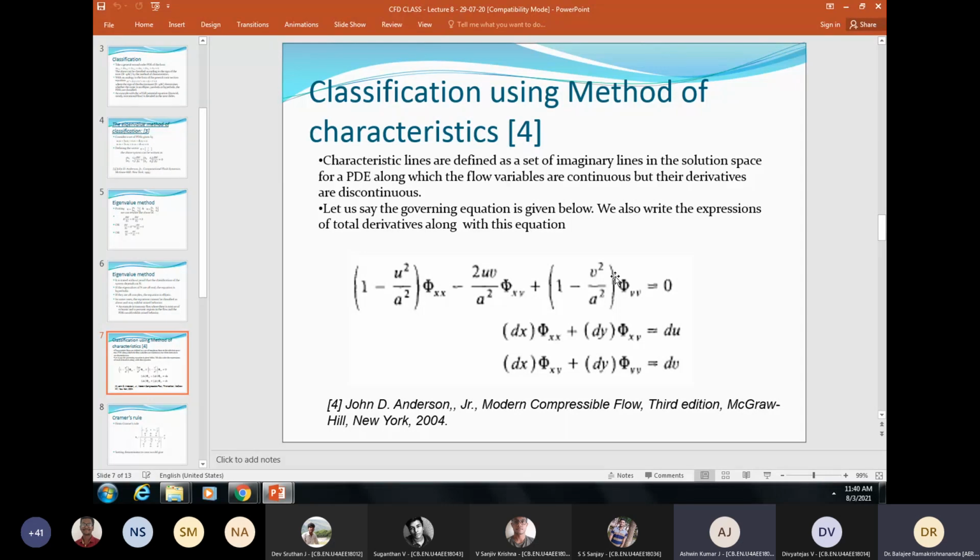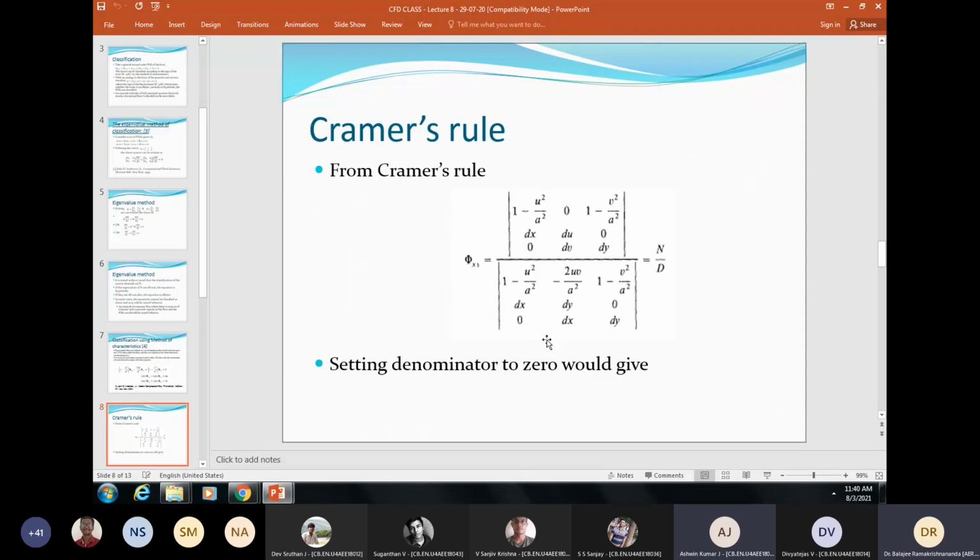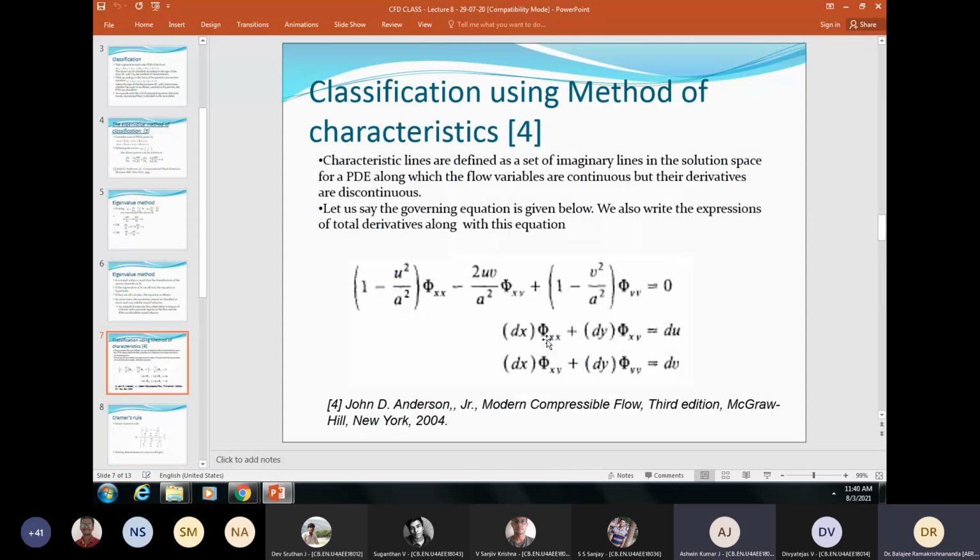Now you have, along with this, two other equations. Now this is a matrix. If you consider the unknowns as phi xx, phi xy, and phi yy, you know Cramer's rule, anyone know? Remember Cramer's rule? Ashwin? Yes, sir.